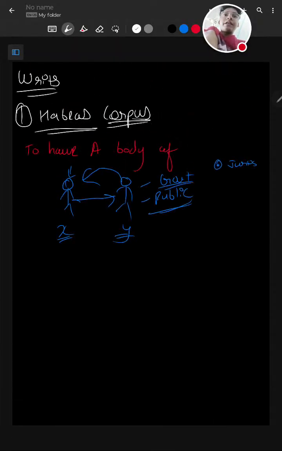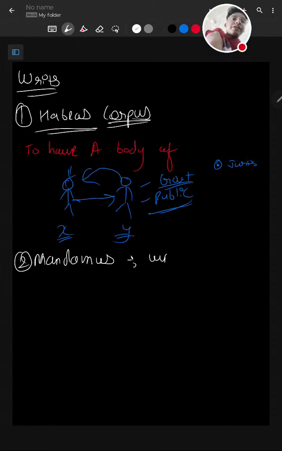Next, second is your mandamus. Mandamus is the one which says that we command you. So these terms are important, right? Habeas corpus is to have the body of, mandamus is we command. So we command is basically applied to government bodies.